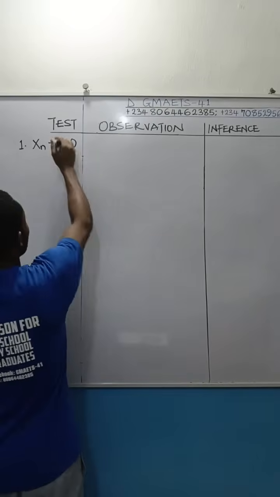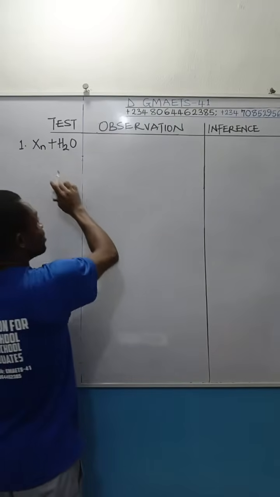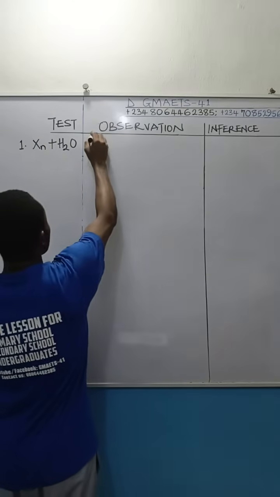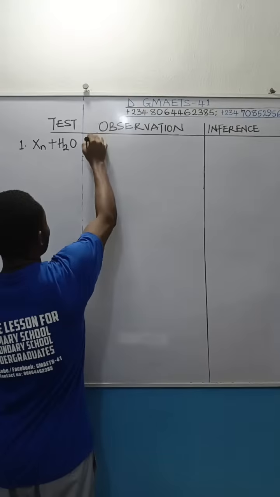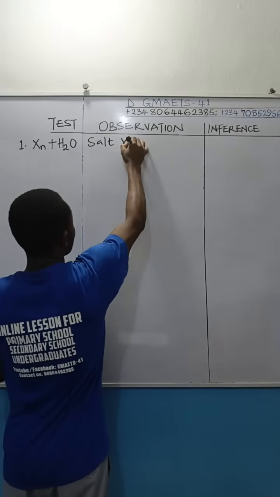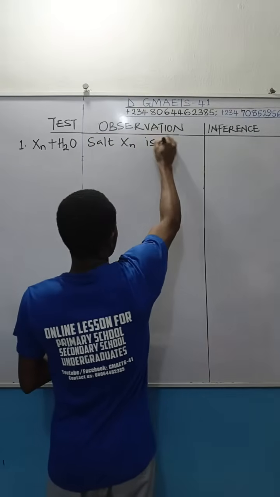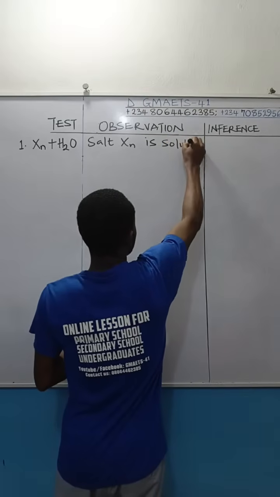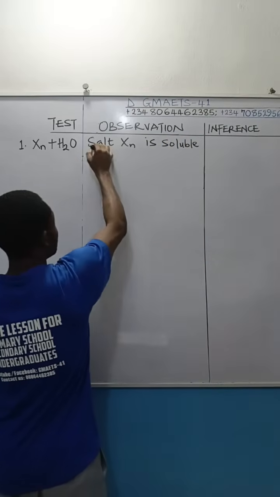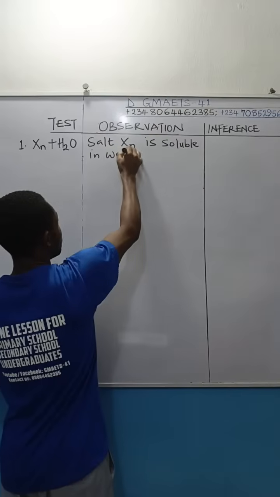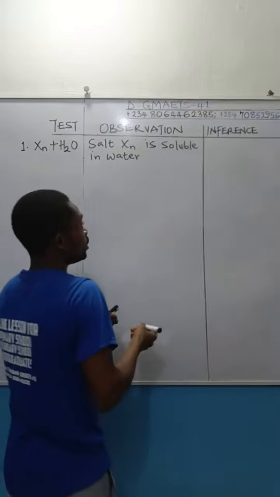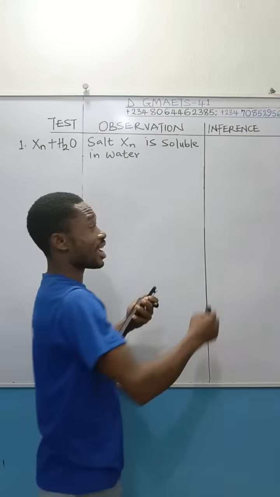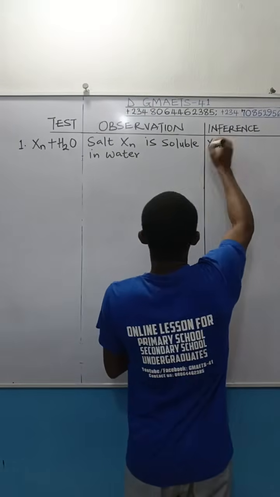So since we're not told to filter, it simply means I feel that salt XN is soluble in water. Then the inference would be that XN is a soluble salt.